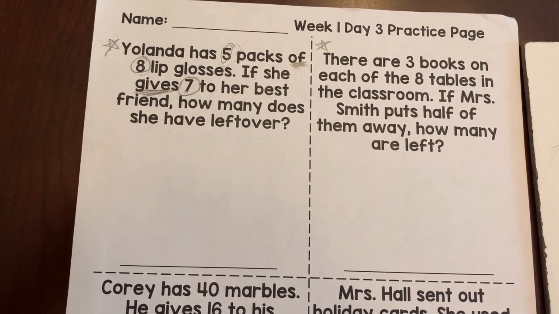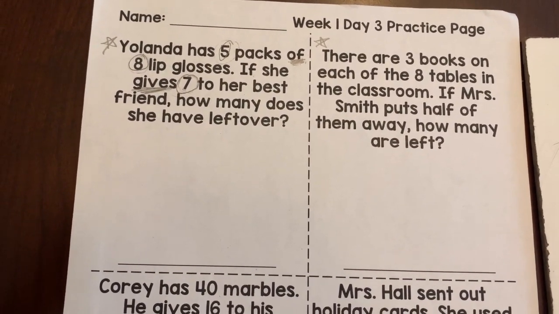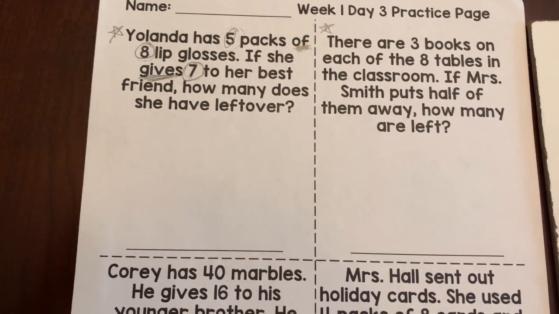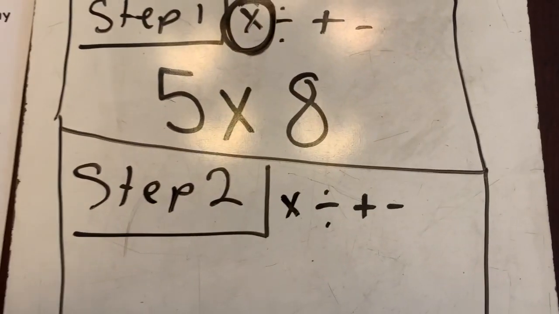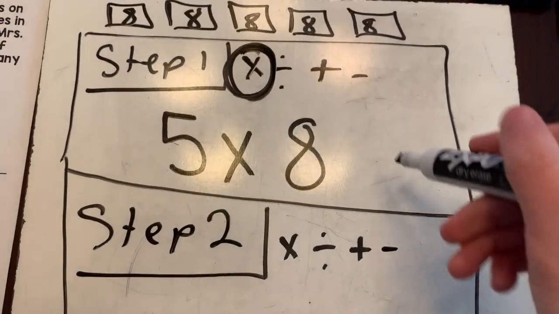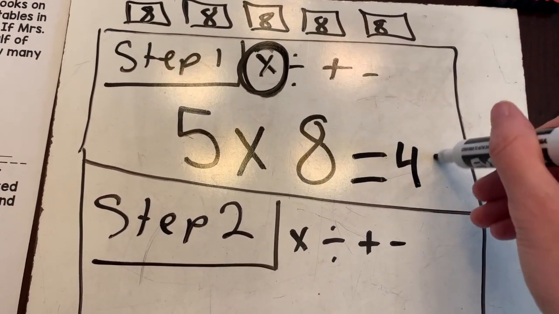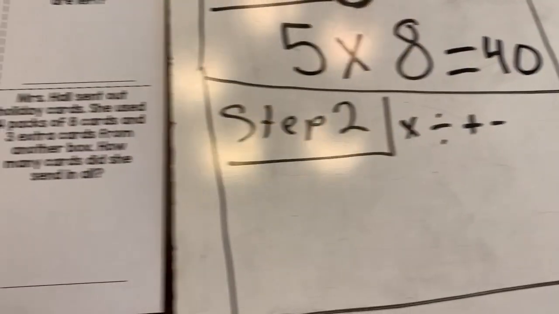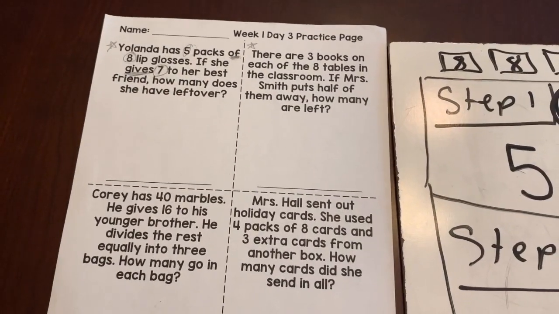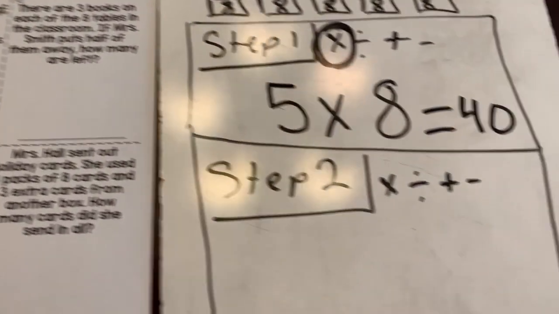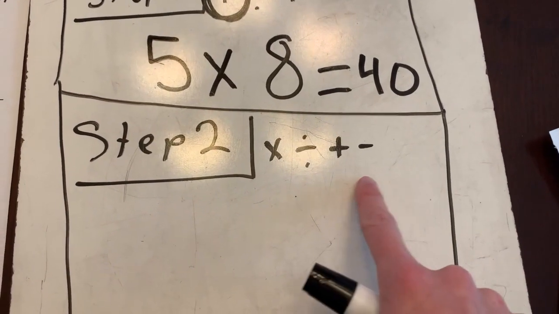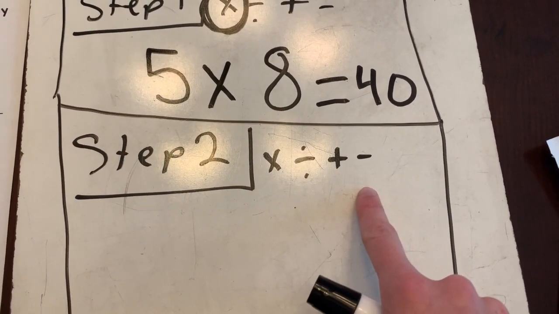Good. Next sentence, next step. If she gives 7 to her best friend, how many does she have left? If we multiplied 5 times 8, what would that give us? We have 40, right? In step 2, we are giving 7. Which one of these operations is giving?